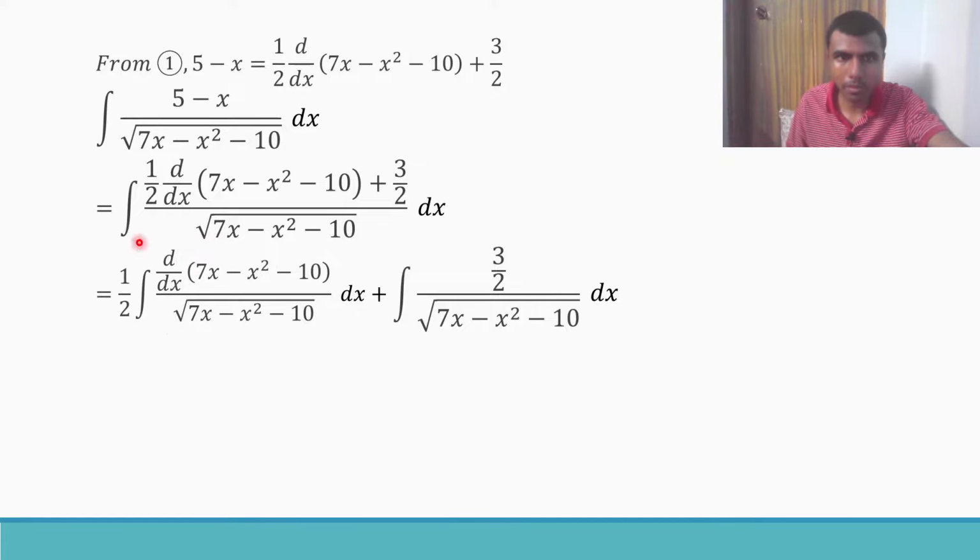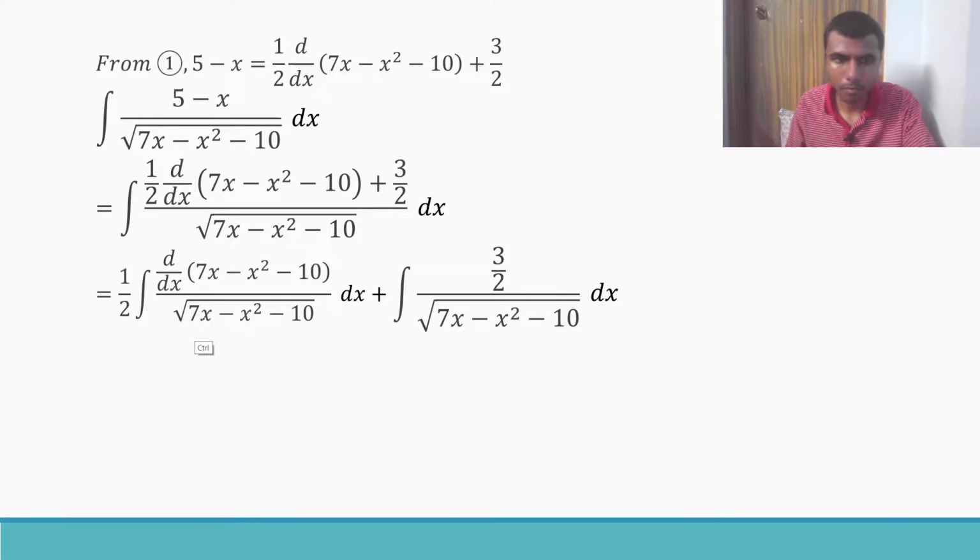So this would be my one term, half into this integral, half into this by denominator. This half I wrote outside of the integral. This half I wrote outside of the integral. Next, plus 3 by 2 by root of this dx. Fine. Now see, instead of integrating them like this, integrate separately. Take my advice, integrate separately.